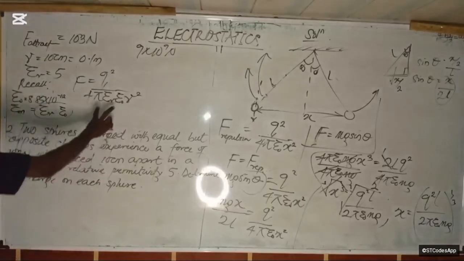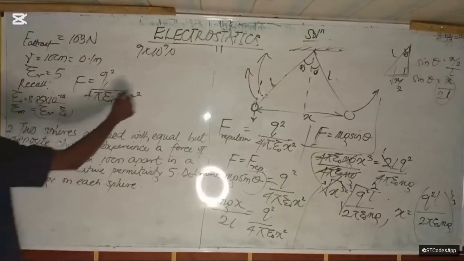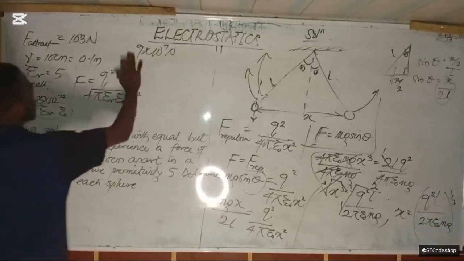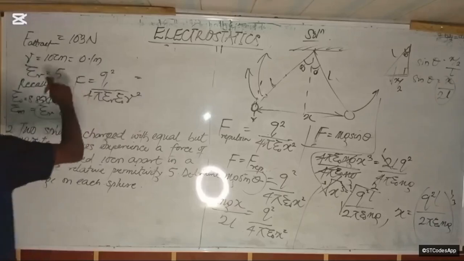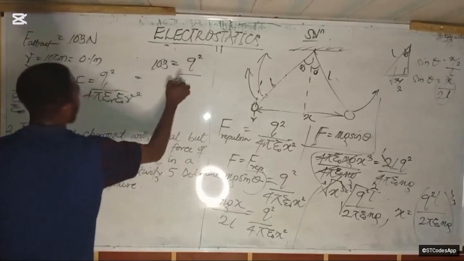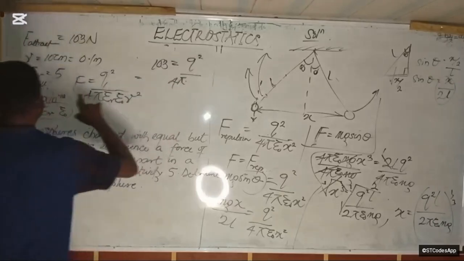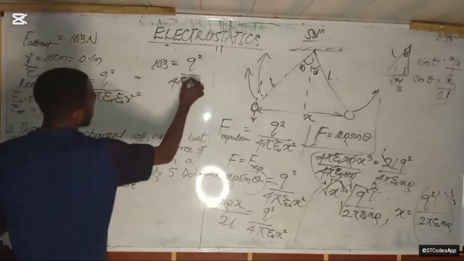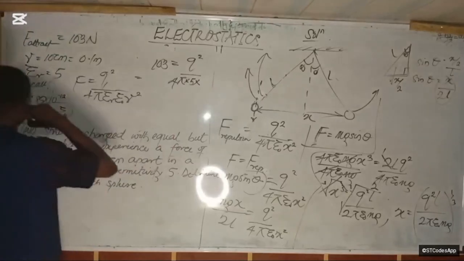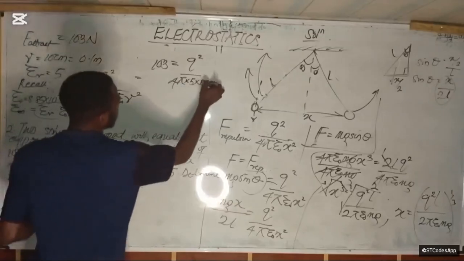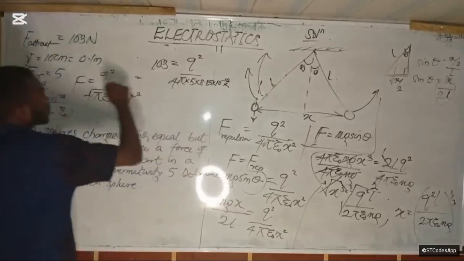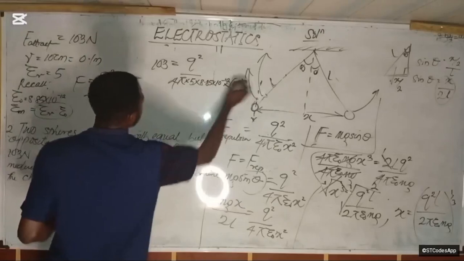Does this make sense? I could already solve this, then introduce it in the equation, but I just want to use it directly. Q is what we're looking for. F is already given. So we have 10^3 is equal to Q squared over 4 pi times E sub R, which is 5, times E sub naught, which is 8.85 times 10 to the power minus 12, times 0.1 all squared.